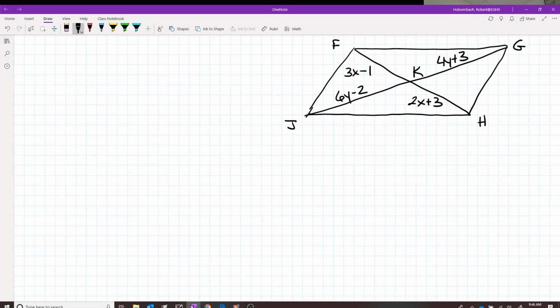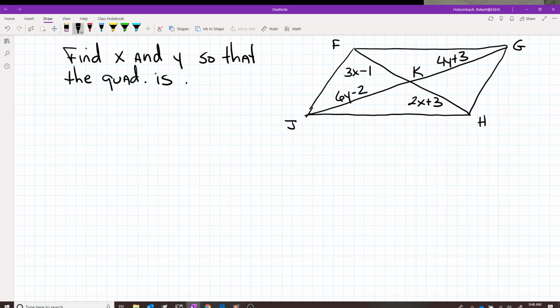And you are asked to find x and y so that the quadrilateral is a parallelogram.